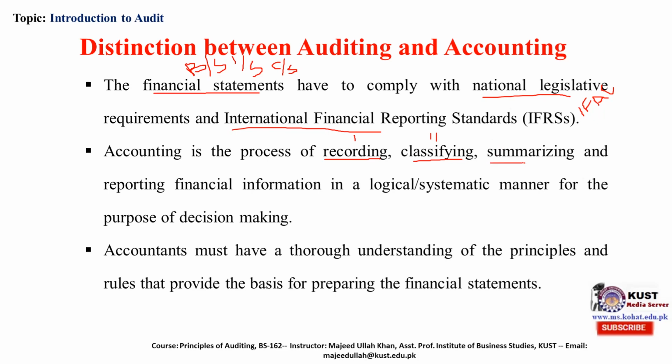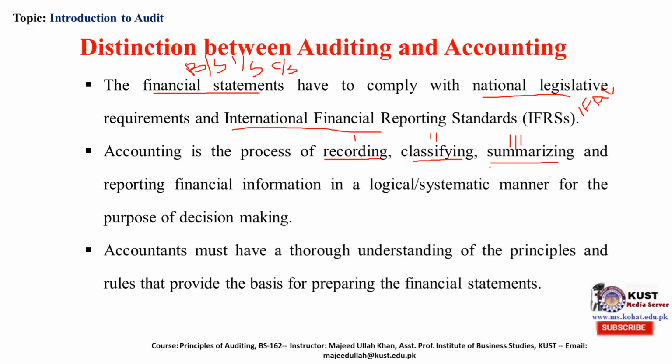Then we will summarize this. For example, if it is an asset, we will record it in an asset account. Assets are further classified as well. Third is summarization. Summarization means putting all similar transactions together. For example, if the transaction is regarding cash, it should be recorded in a cash account.